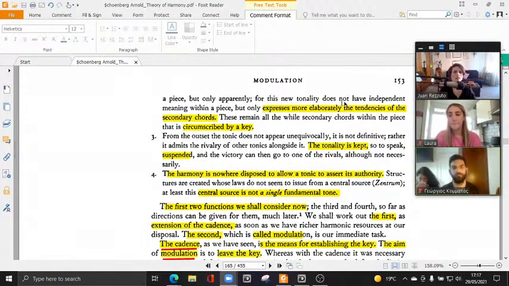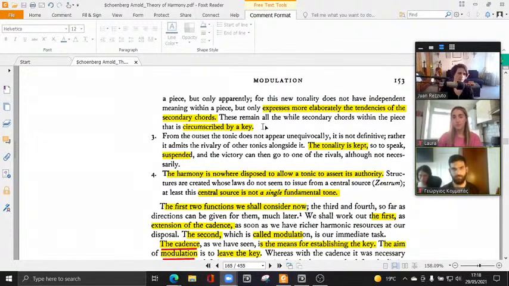For this new tonality does not have independent meaning within a piece, but only expresses more elaborately the tendencies of the secondary chords. These remain all the while secondary chords within the piece that is subscribed by a key.